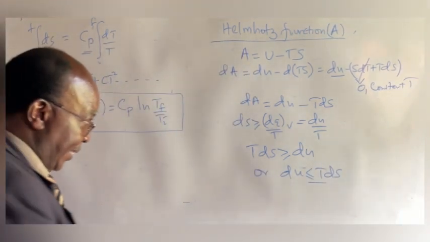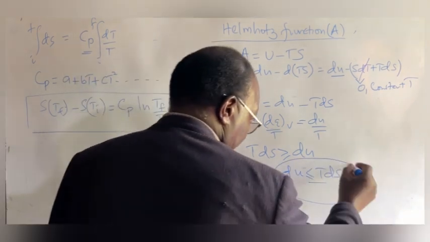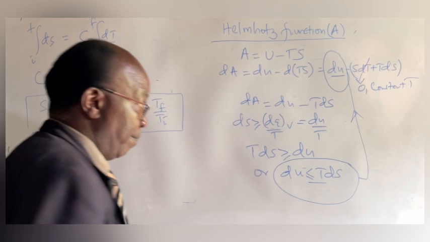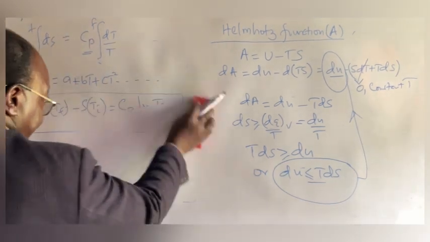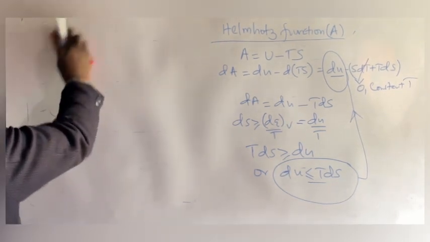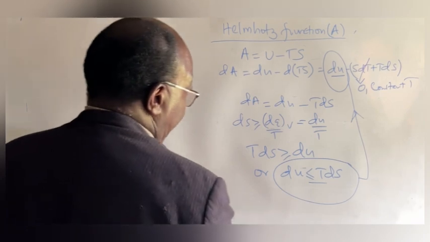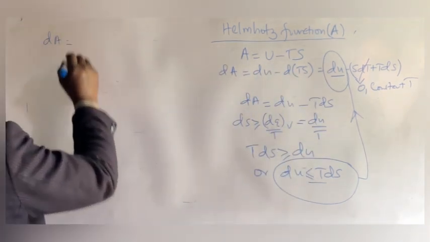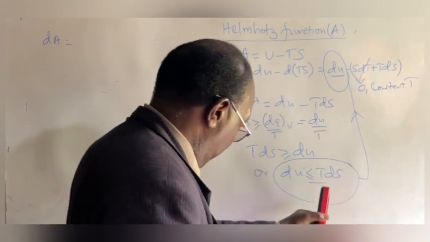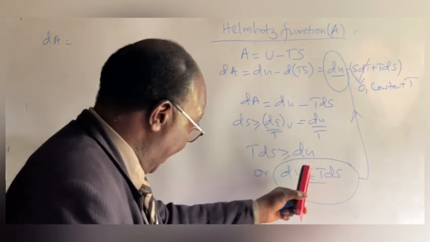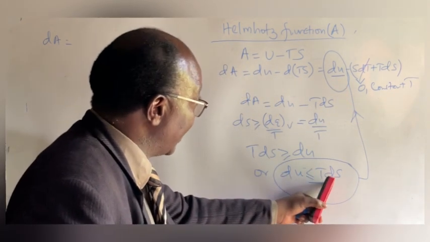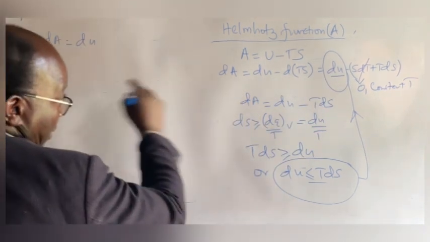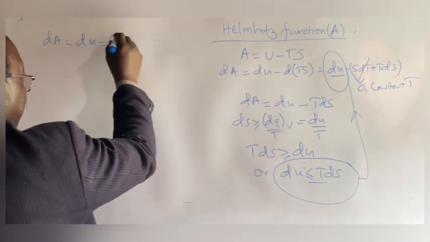So if you plug this expression for dU into the expression for dA, what does it tell us? Remember, dA was dU minus T dS.